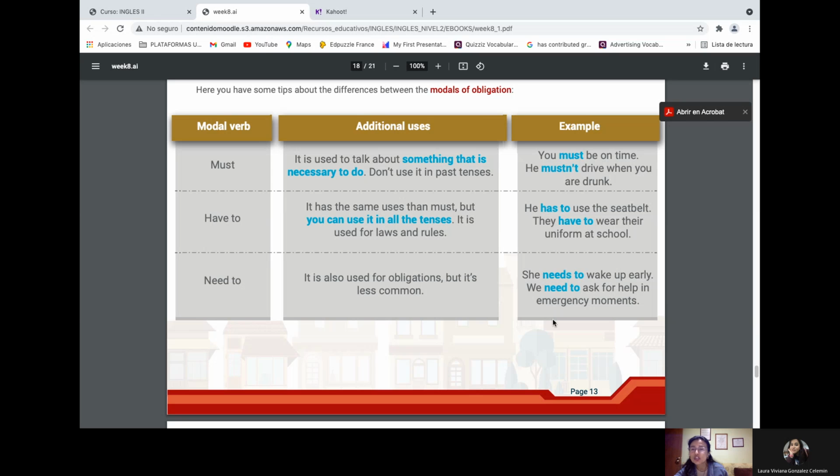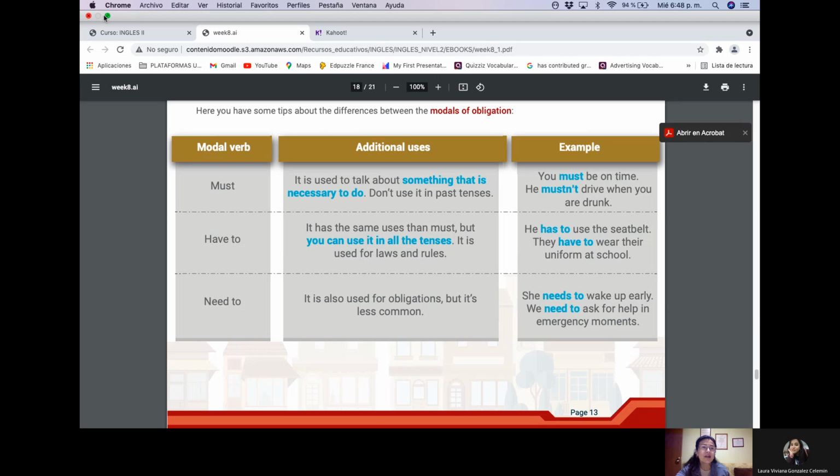In this case, we need, no S, because S is only for the third person singular, he, she, or it. He needs, she needs, it needs. But you say we need to ask for help in emergency moments. Okay? So we have explained 2 and 3.